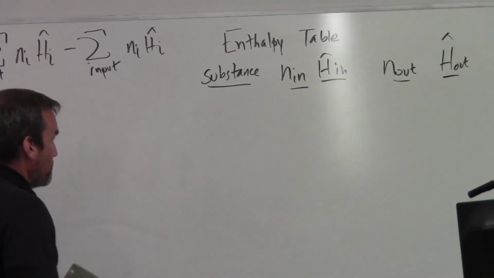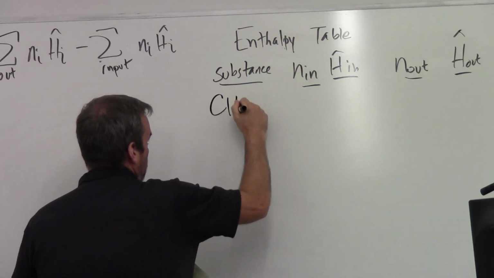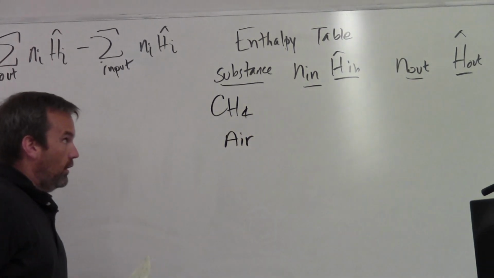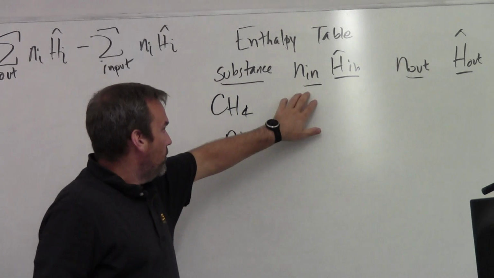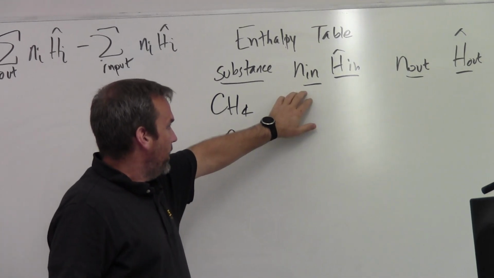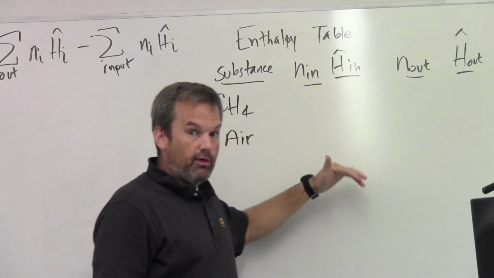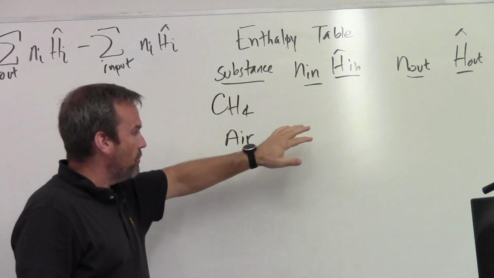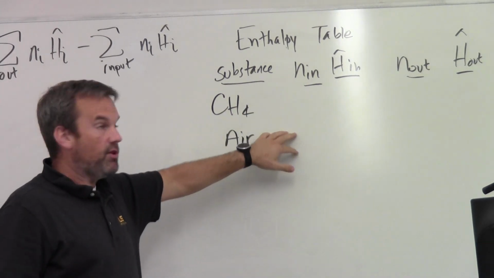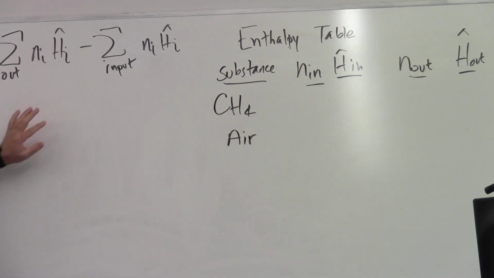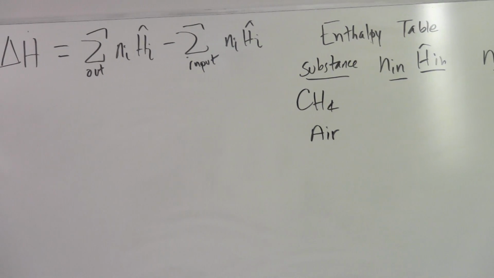All right, I've got two substances here. I've got methane, and I've got air. So what I need to do is figure out how many moles of methane I have coming in, how many moles I have leaving, and what's the enthalpy of each, and the same thing for air. If I can fill this table out completely, then I have all the information I need to plug into this equation right here, so I can solve for delta H and ultimately solve for Q.